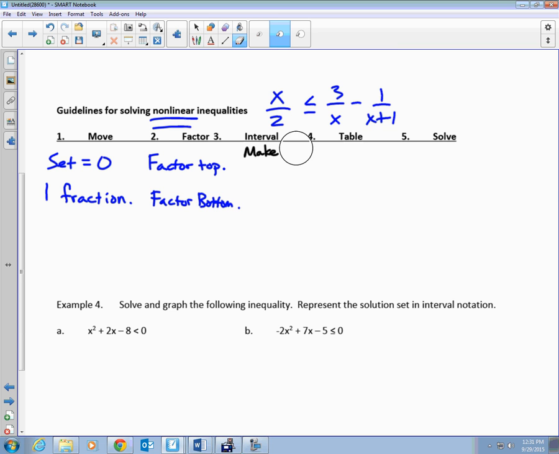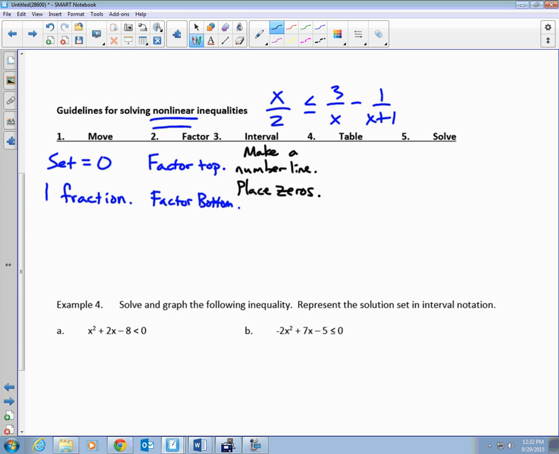We move on to steps 2 and 3. We go to set up our interval. We make a number line to do that. On our number line, we place the zeros from the top and the bottom. So make a number line and place your zeros.